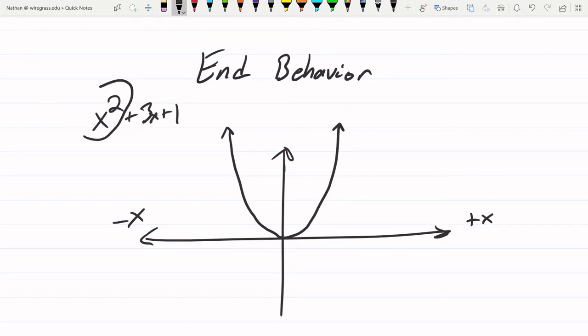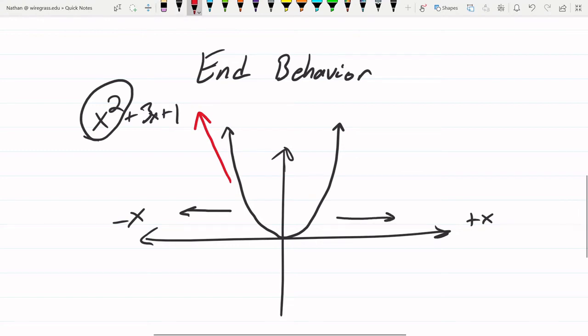The degree, in this case, is 2, the highest power of x, and it dictates the end behavior. Meaning that as x gets very negative, we go up to positive infinity. As x gets very positive, we go up to positive infinity. It goes up and up on both sides of the function.